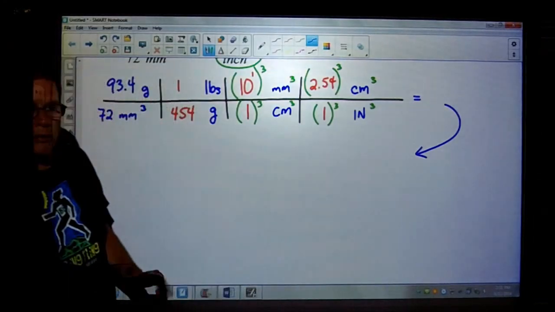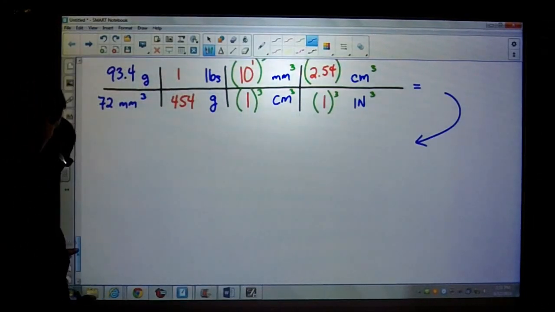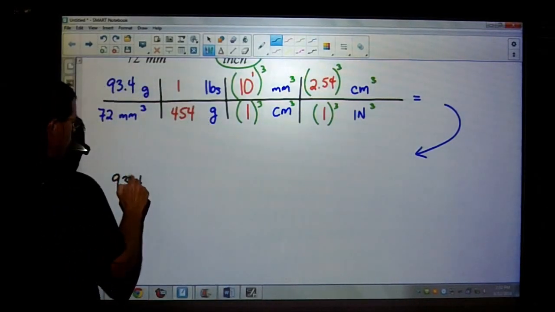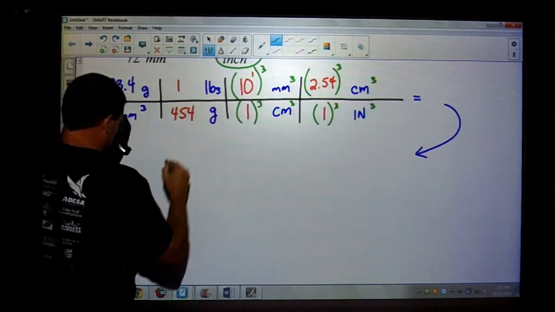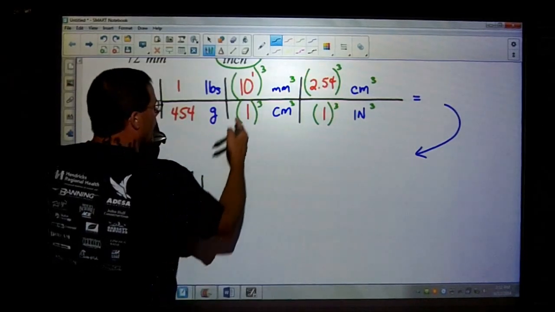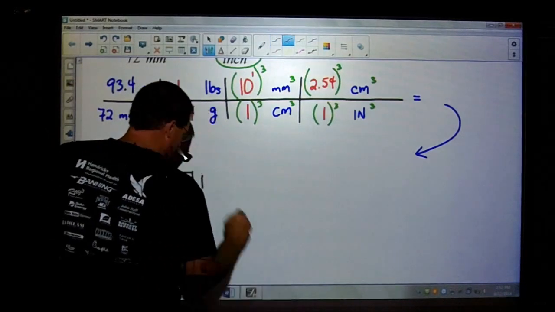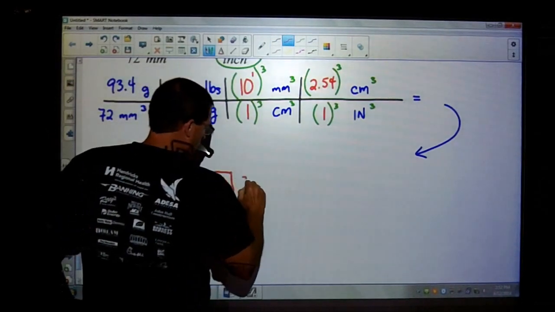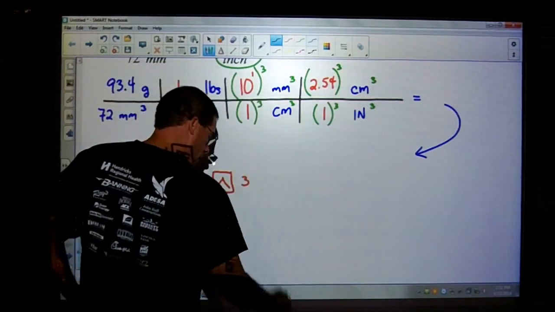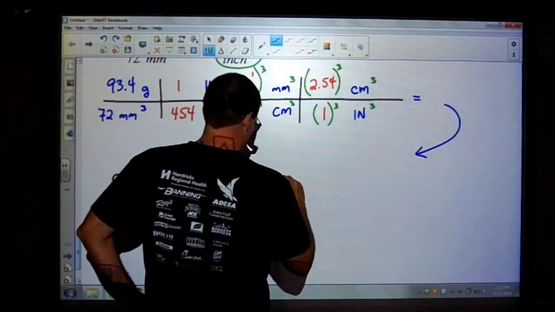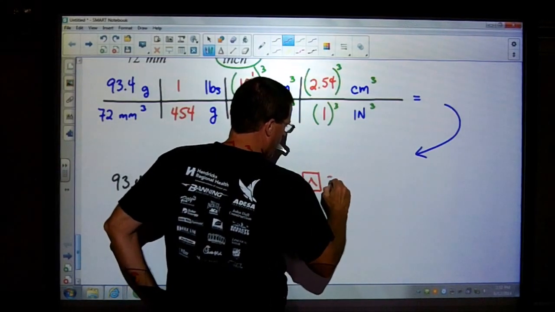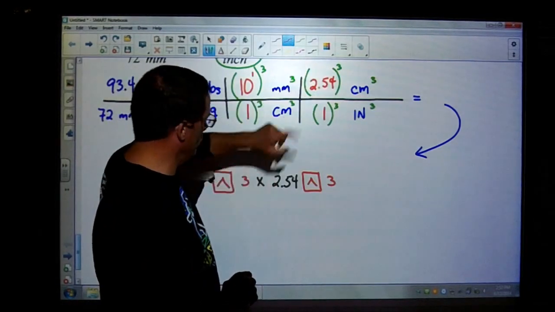So let's make sure that we're putting this in our calculator correctly. The way that I would suggest typing this in would be 93.4 times 1, EE1, so that's 10 to the 1, caret button, 3, so that takes care of the cube, times 2.54, caret button, 3, again, so 2.54 cubed.